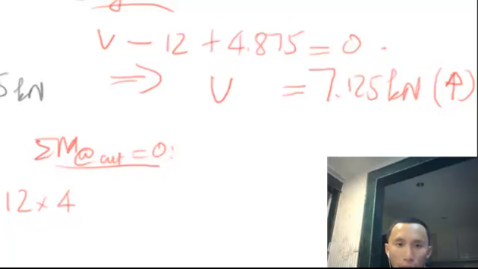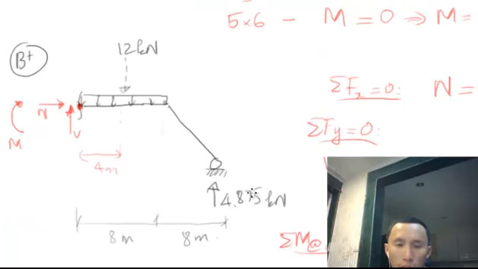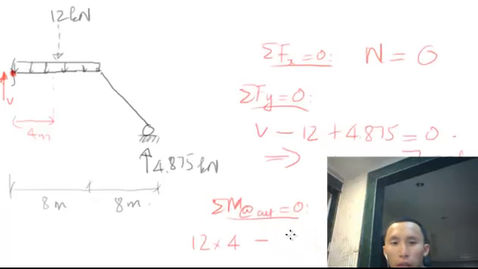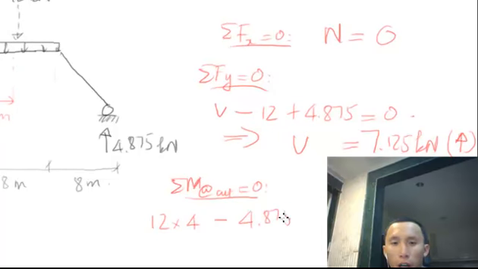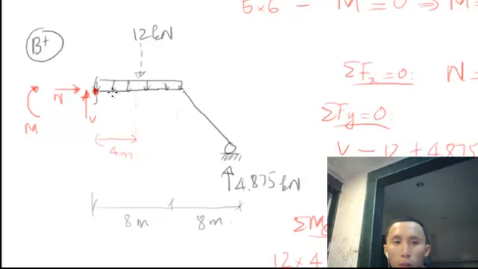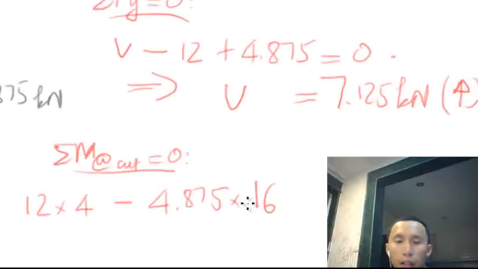And this one, 4.875, goes around the point anti-clockwise, so it's going to be negative 4.875 times the distance from the support to the point, which is 8 meter and 8 meter, which is 16 meter.